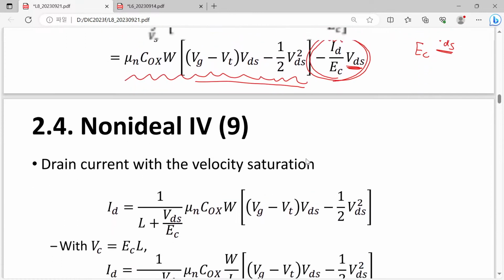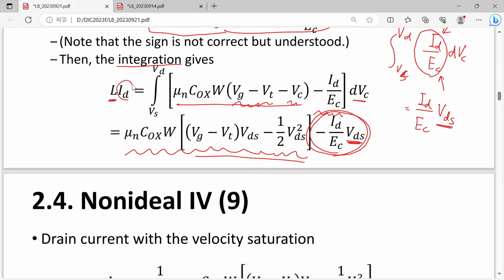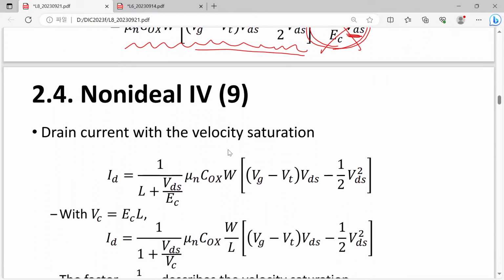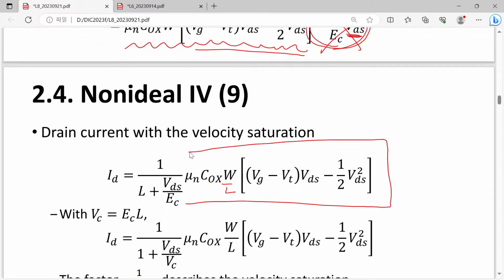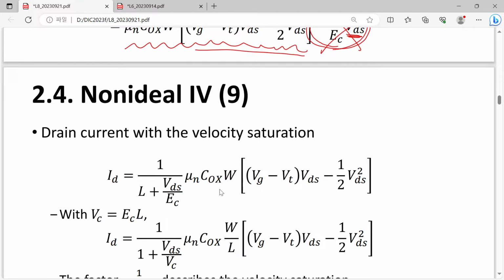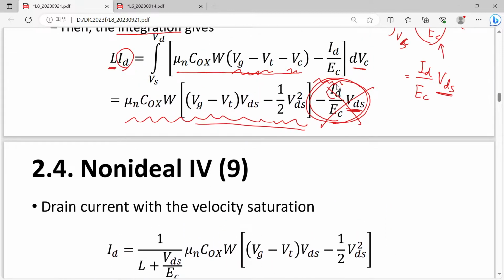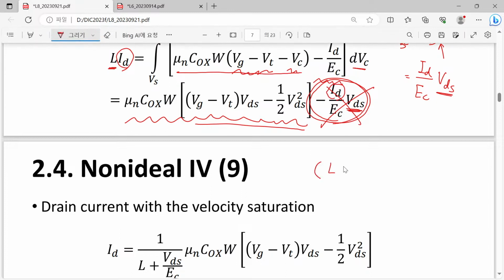Previously, without this term, we just divided the left hand side and right hand side by L, so we had 1 over L, and that was our previous long channel expression. But now we have an additional term related to the ID. So what we have is L plus VDS over EC ID equal to the rest.